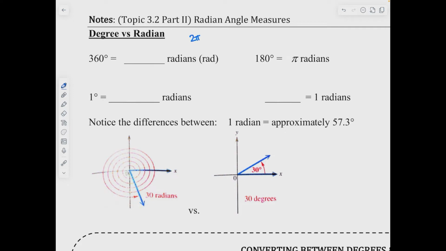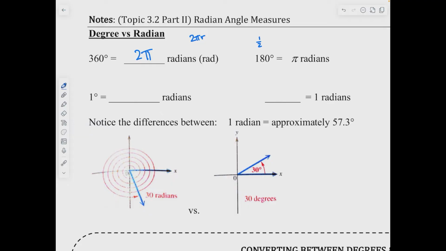Because we're talking about 2 pi r with a radius of 1, 360 degrees is the same thing as 2 pi radians. So if I want to turn 360 degrees, that's also the same thing as turning 2 pi radians. So half of 360 degrees is 180 degrees. Half of 2 pi is 1 pi.